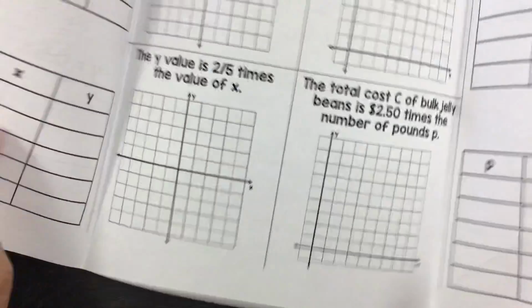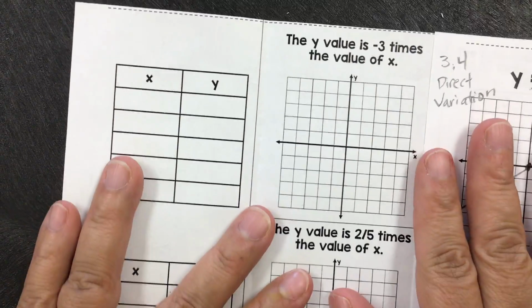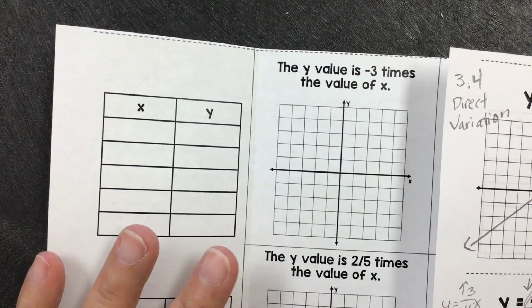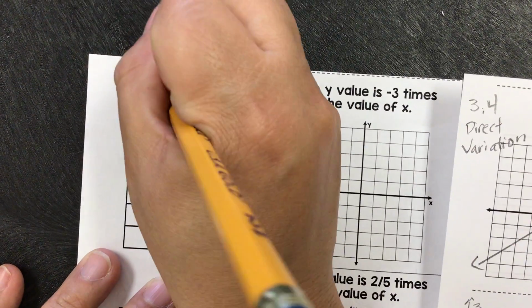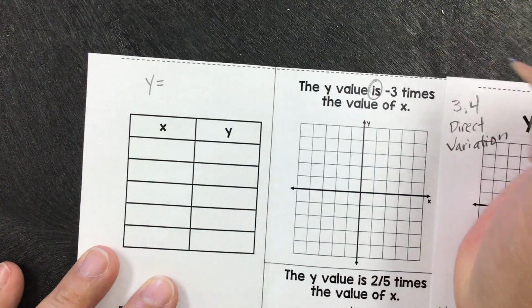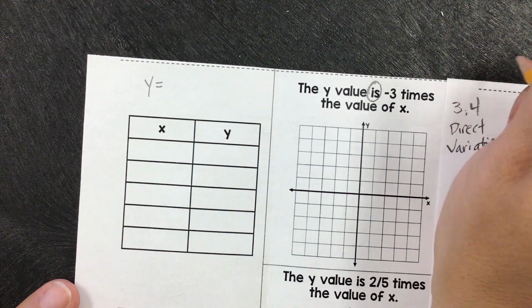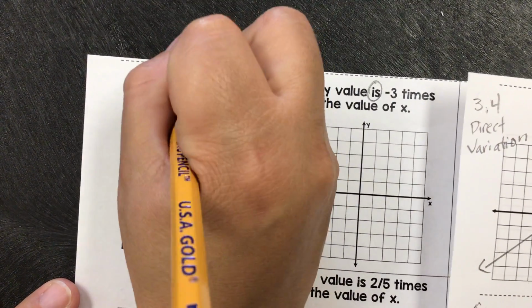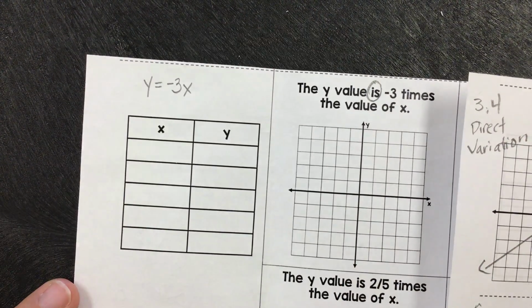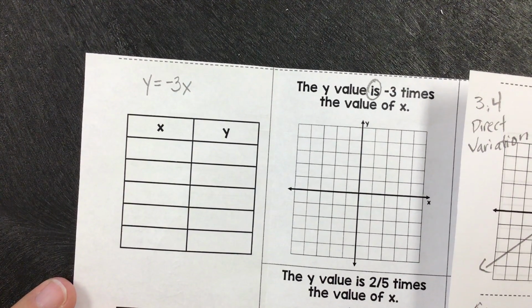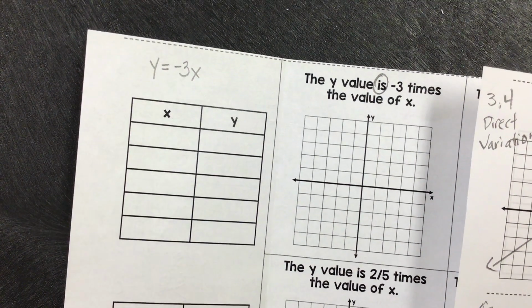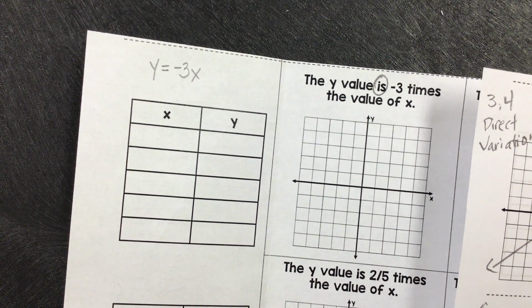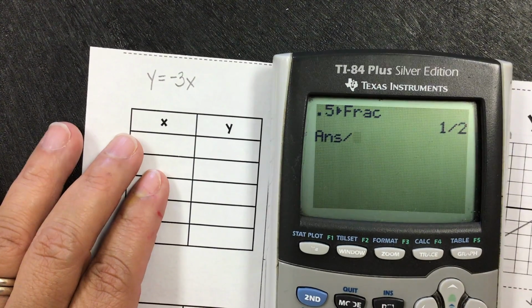On the inside, let's go ahead and start on this side first. We have y value is -3 times the value of x. And we don't have to graph it the way that I mentioned. What we could do is find values on the calculator. It's already set y equals.